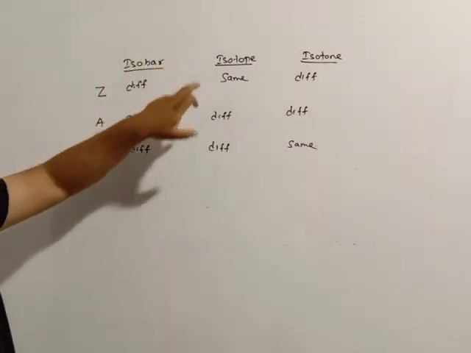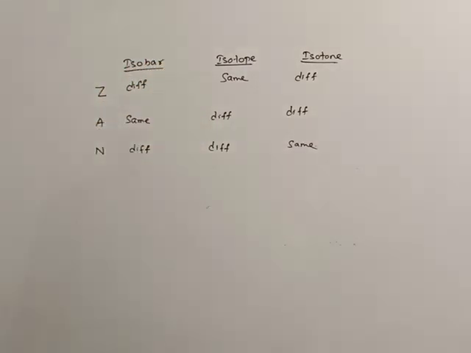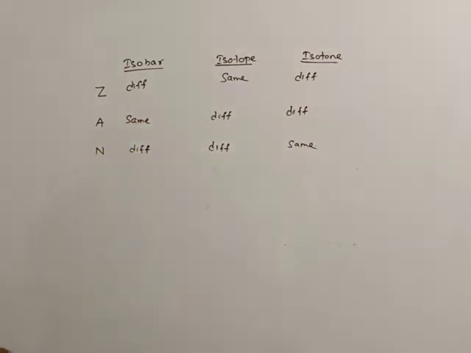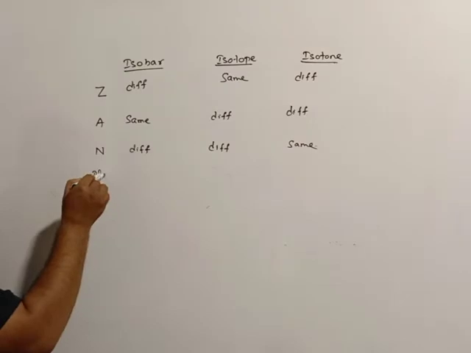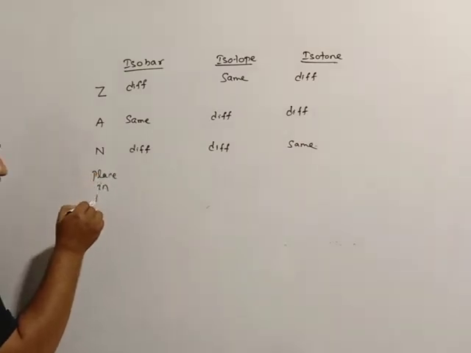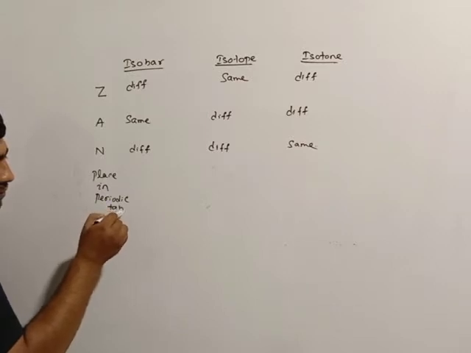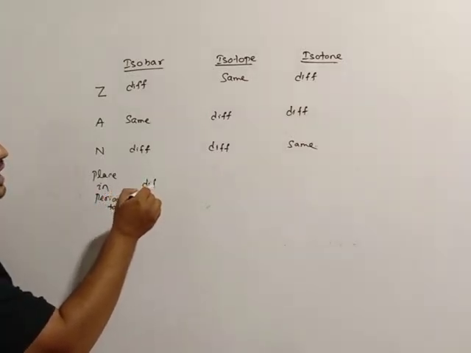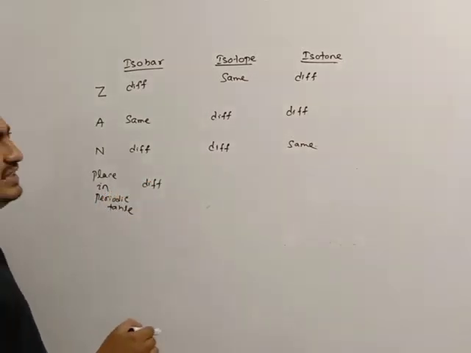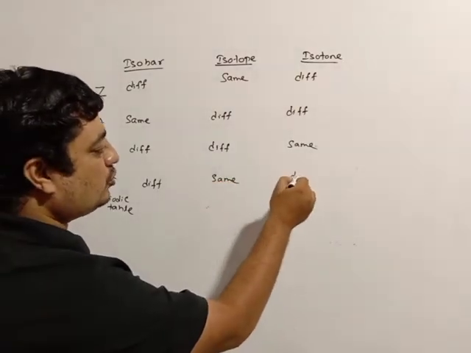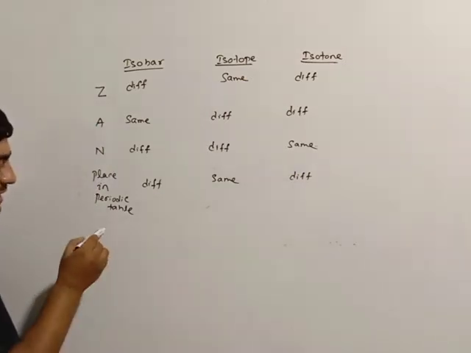Hence isotopes have the same chemical properties, hence they are in the same place in the periodic table. Isobars are in different places, isotopes are in the same place, isotones are in different places.